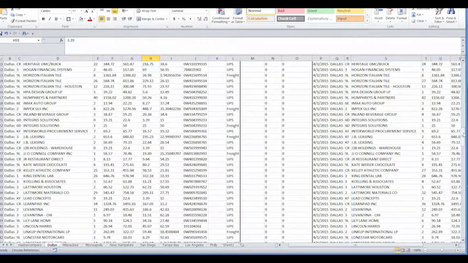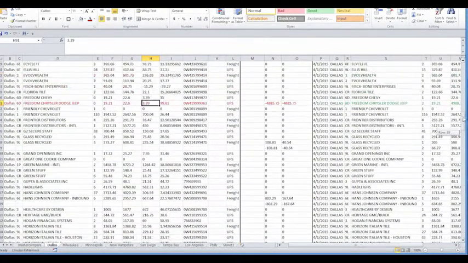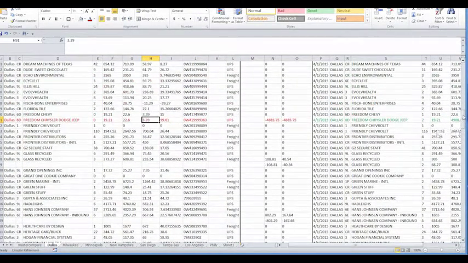A couple of quick notes in closing. Anytime there was a UPS account that was in this red zone, red flag area, I would double check this in the anything goes, especially if they had zeros.